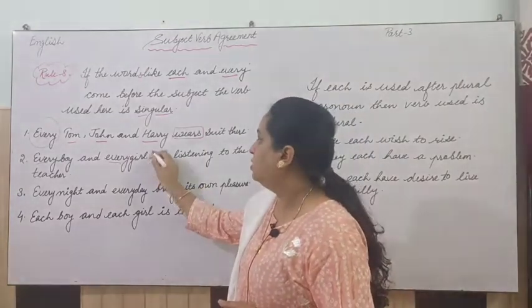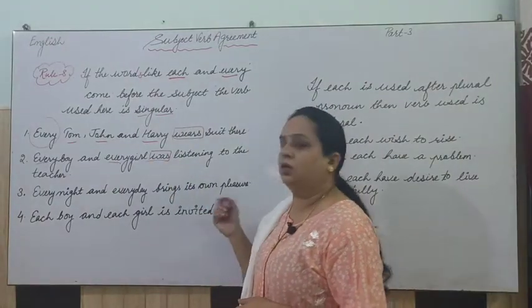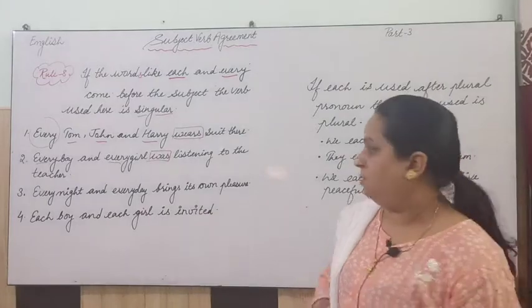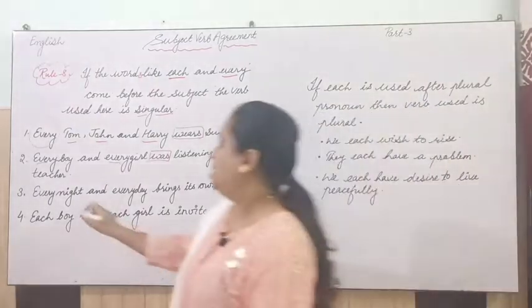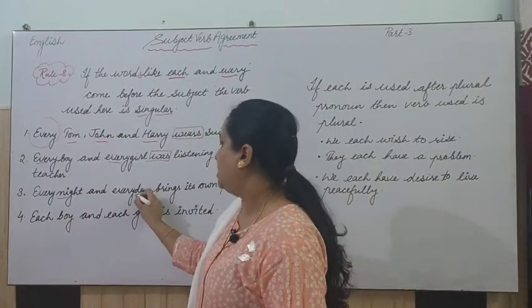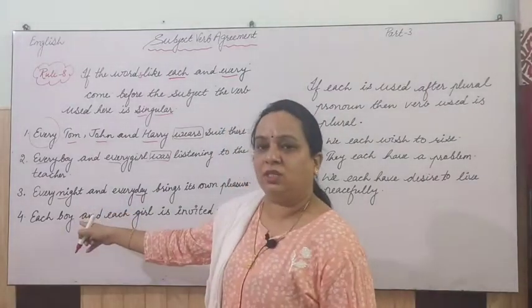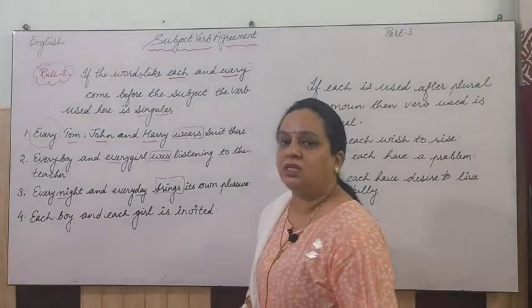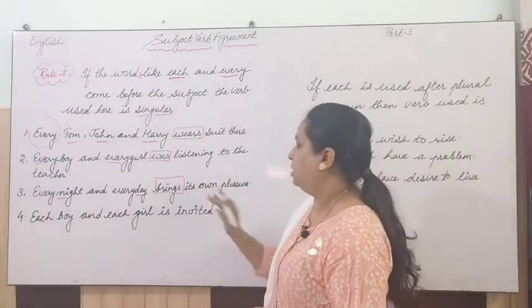So, every and each girl was listening to the teacher. Next one, every night and every day brings its own pleasure. Now night and day, but before that every is there, so here we have to use once again which verb? That is the singular verb, this is brings.